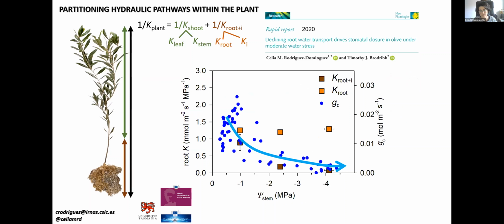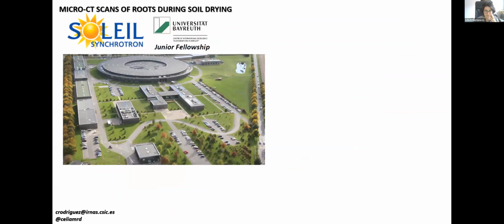So we thought that something was happening in this soil-root interface, and we explained it, according to many other results, as possibly due to root shrinkage, so damage in the root hairs and changes in the anatomy of the root.